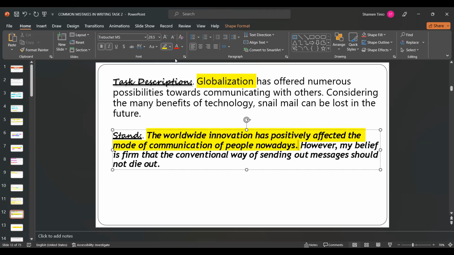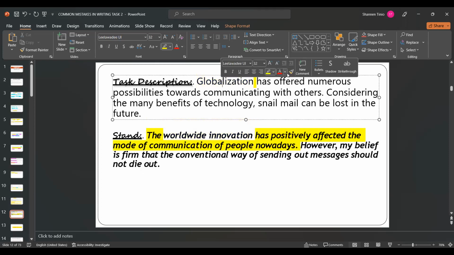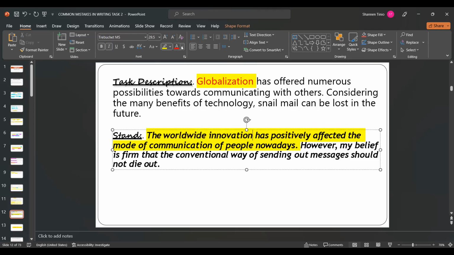Worldwide innovation, is it parallel to globalization? Yes, it is. So, tama yung pag-paraphrase. As long as tama naman yung pag-paraphrase mo, there's no wrong in doing paraphrasing.